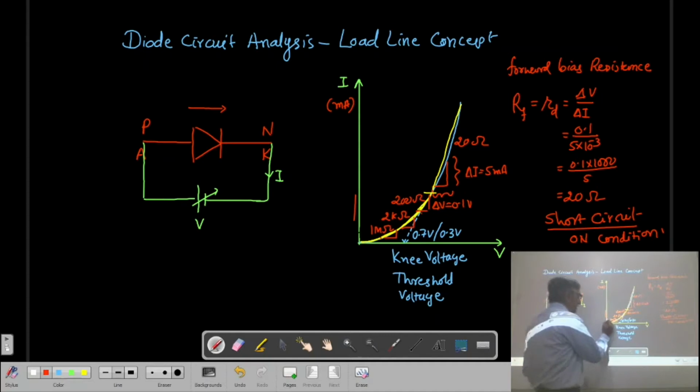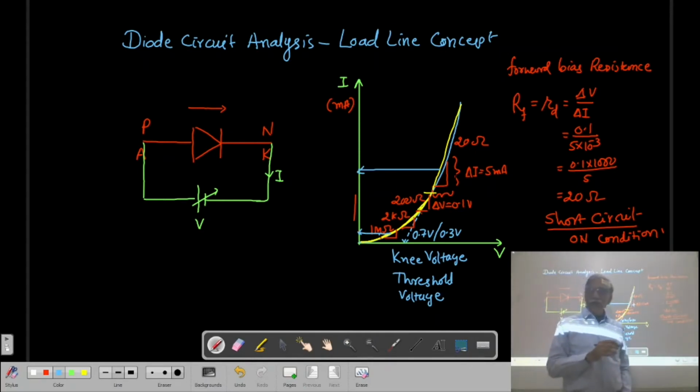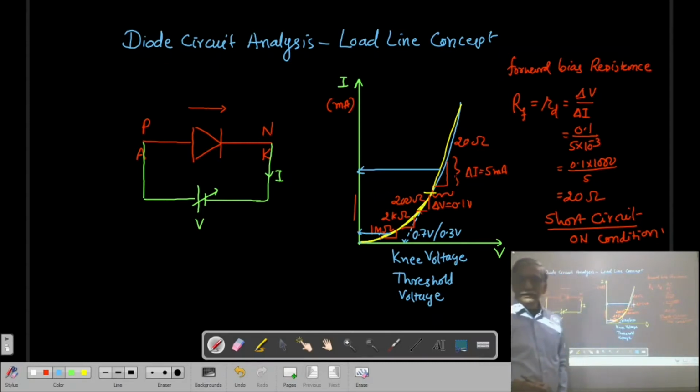Here the current is very small, so the resistance is large, and here the current is very large, so the resistance is very small. So the value of the resistance depends on the current, or we can also say the current depends on the resistance, and that's why the relation between current and voltage is non-linear.